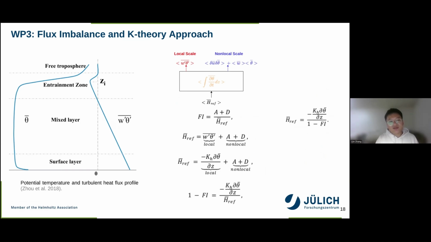Since these flux imbalance models can quantify the part of the energy or fluxes which is not determined or observed by the turbulent heat fluxes, why don't we use these flux imbalances to improve the prediction of the models? I will not jump into the derivation of the equations here, but the result is that if we use the flux imbalances, we can correct the heat fluxes in the models.